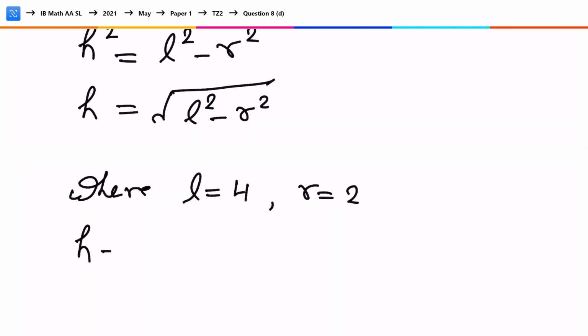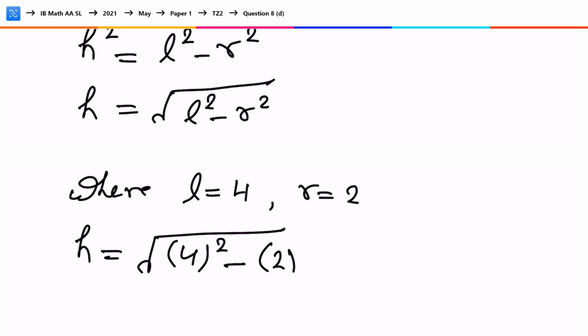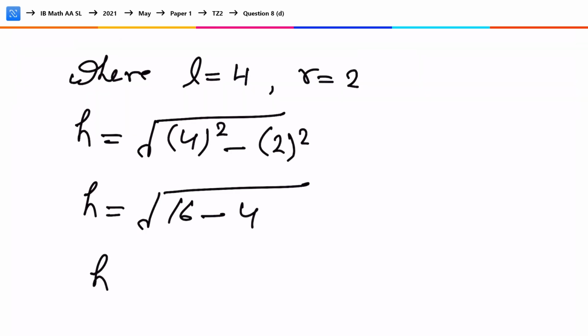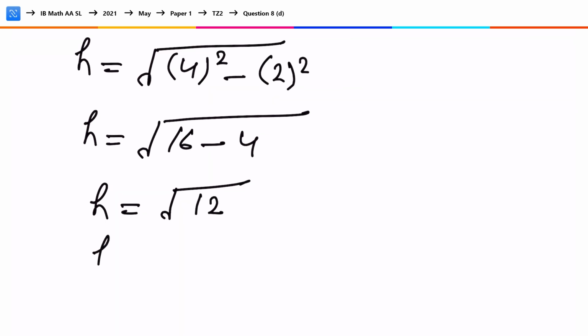So h equals the square root of 4 squared minus 2 squared, which simplifies to h equals the square root of 16 minus 4, giving us h equals the square root of 12. Simplifying further, h equals 2 times the square root of 3.